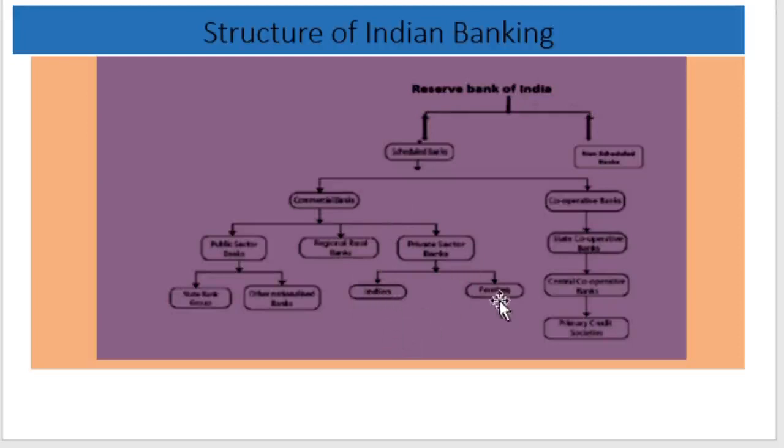Private banks include Indian and foreign banks. Then scheduled banks are divided into cooperative banks also. They include state, central, and district cooperative banks and primary credit societies. This is the structure of the banking system, or structure of banking in India.